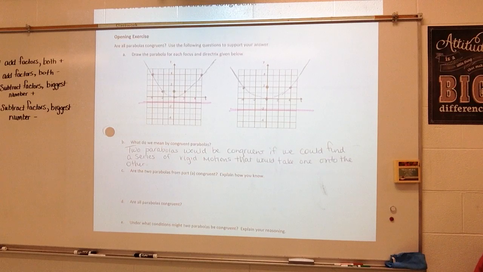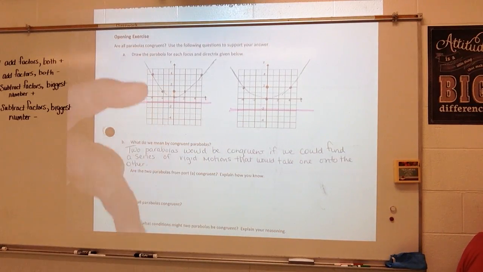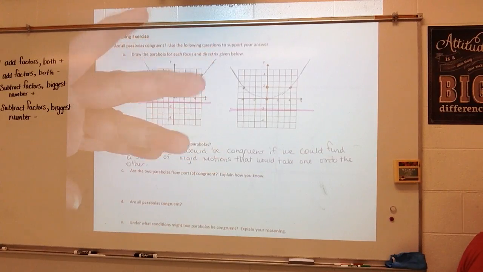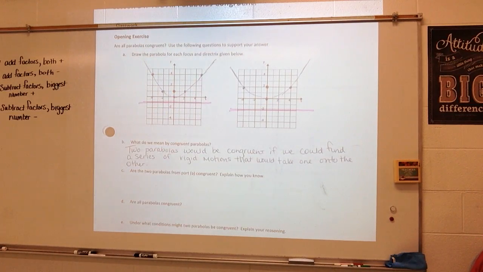So are the 2 parabolas from part A congruent, and explain how you know? Well, let's think about this. They have the same vertex. But is there a way for me to translate, rotate, or reflect to get this parabola onto this parabola? They have the same vertex, but they have different y values for each x.